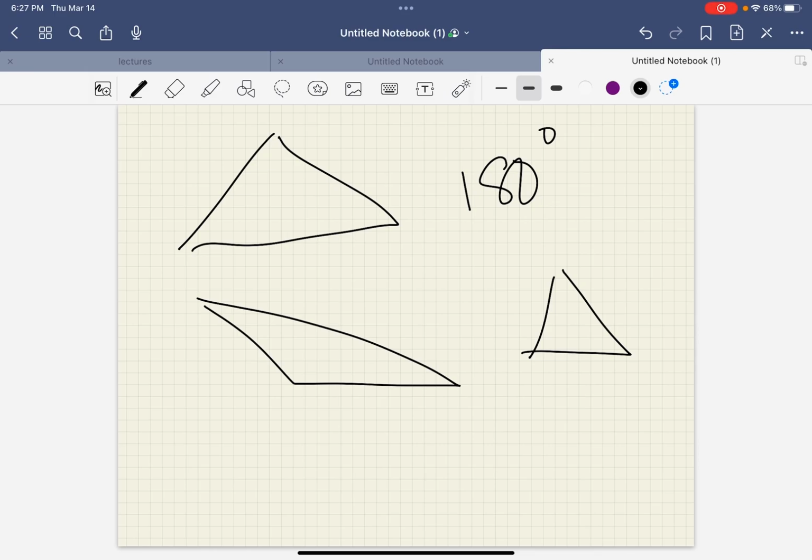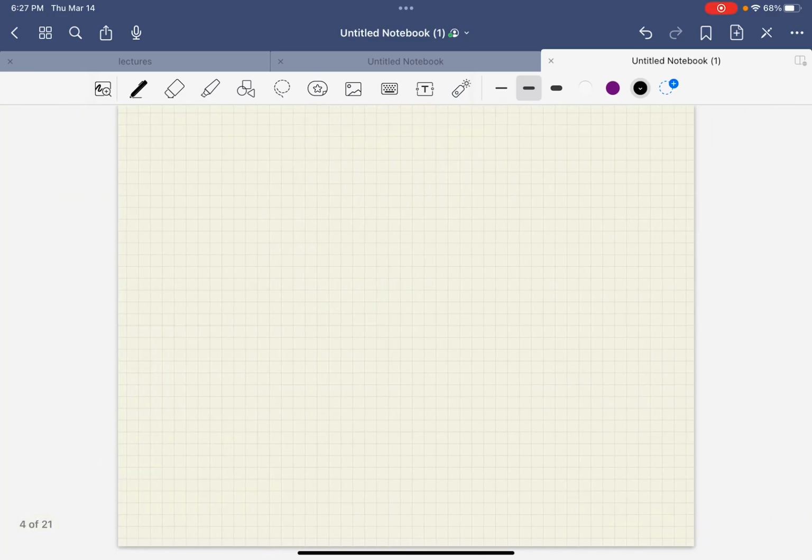Then at the very bottom of the page, it tells you that the triangle on that left was a right triangle because it has a right angle. So when you have a right triangle, special things happen.